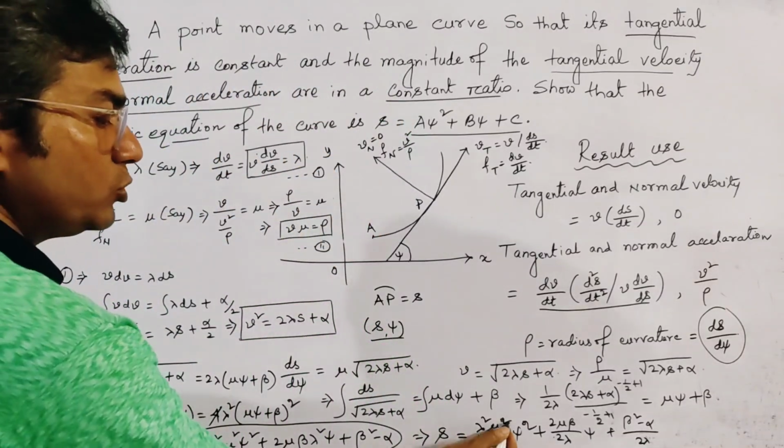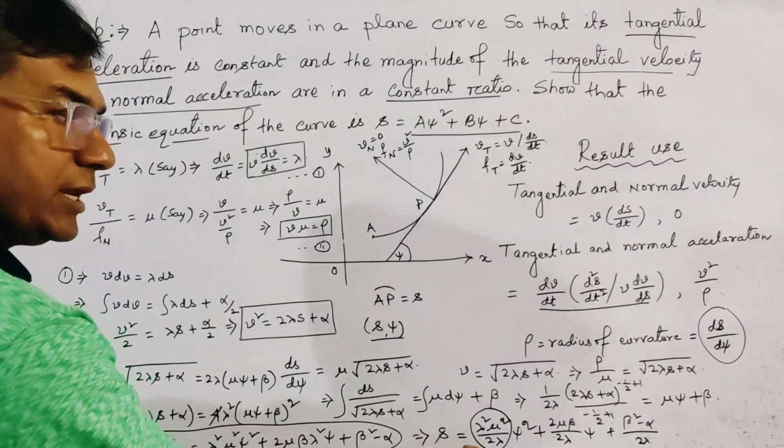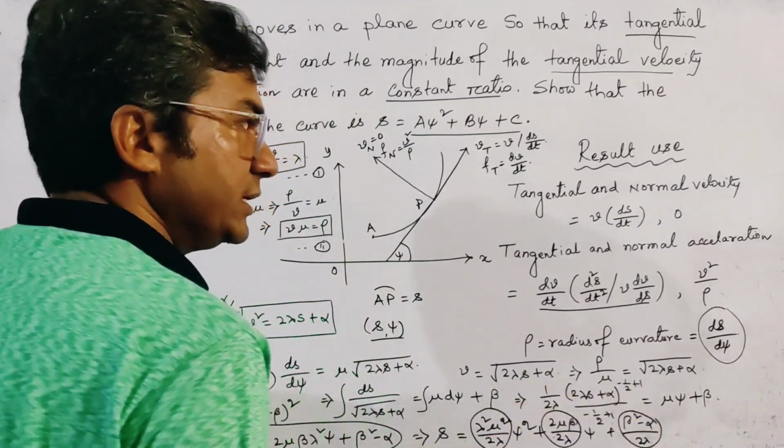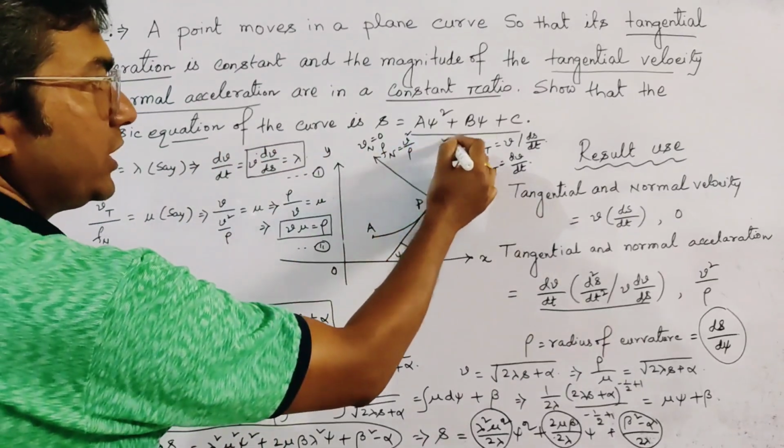Now we put this value as capital A, this as capital B, and this as capital C. Then we get our required result.